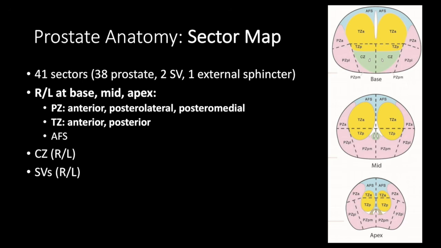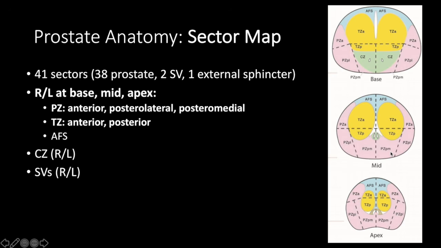One important thing to understand about prostate anatomy is the sector map. This is important to understand to be able to communicate the location of an abnormality that you spot in the prostate. And so the prostate sector map is included here with the sectors described here on the left. But if you're going to remember anything, try to simplify it. The TZ is split into an anterior and posterior sector at each level, namely the base, the mid, and the apex.